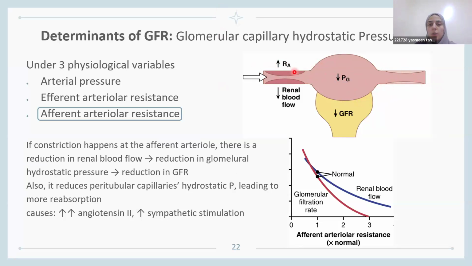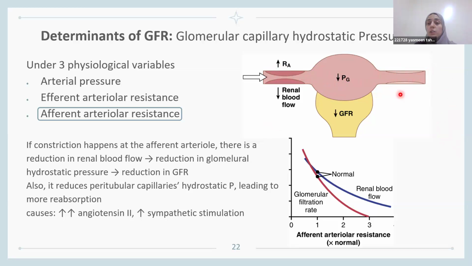This is because either way you have decreased blood flow. Either way, the blood leaving the corpuscle is going to be slightly less. So if the constriction is here, we have less blood here and less blood here. And of course, the peritubular capillaries are going to have even less because they are branches of the efferent.